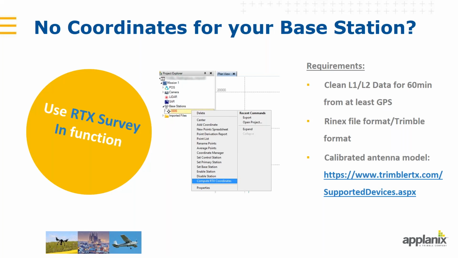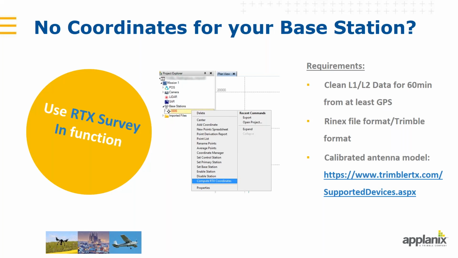I've seen it also working for less, but the good thing is that you always get feedback from that service about the accuracy. Having only a few minutes of data, obviously you don't get a high level of reliability because there's no redundant information available. So we suggest an hour of data at the minimum.